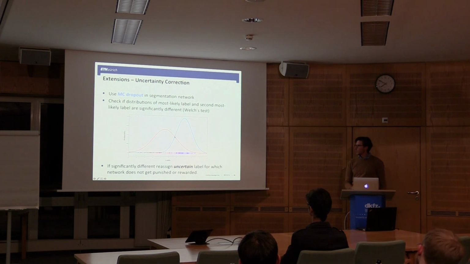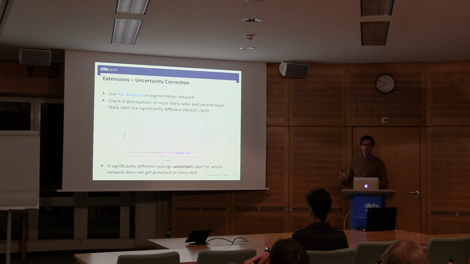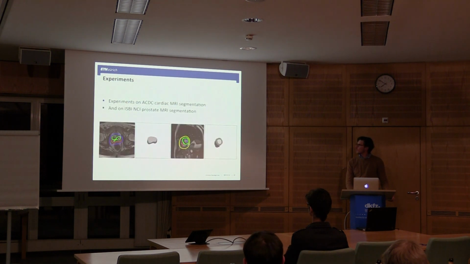This means for each pixel and each label, we get some distribution of activations. We look at the distribution of the most likely pixel label and at the distribution of the second most likely label. And if these two distributions are not significantly different as measured by a t-test, then we reset that label to uncertain, meaning the network in these locations can again do whatever it wants in the subsequent iteration.